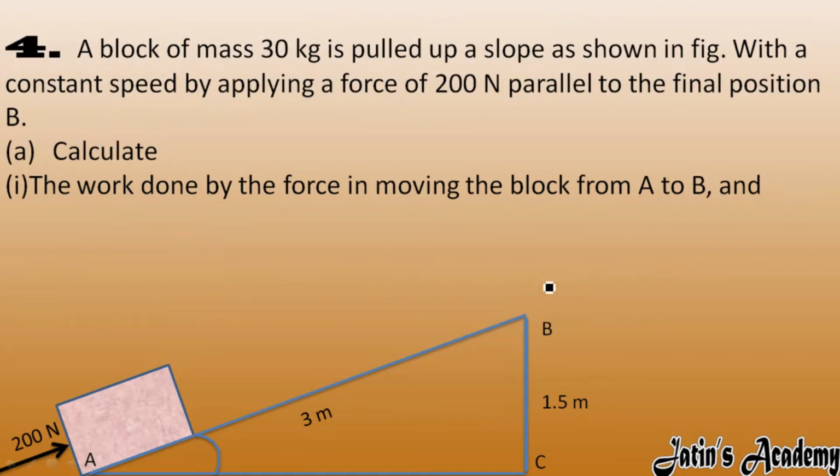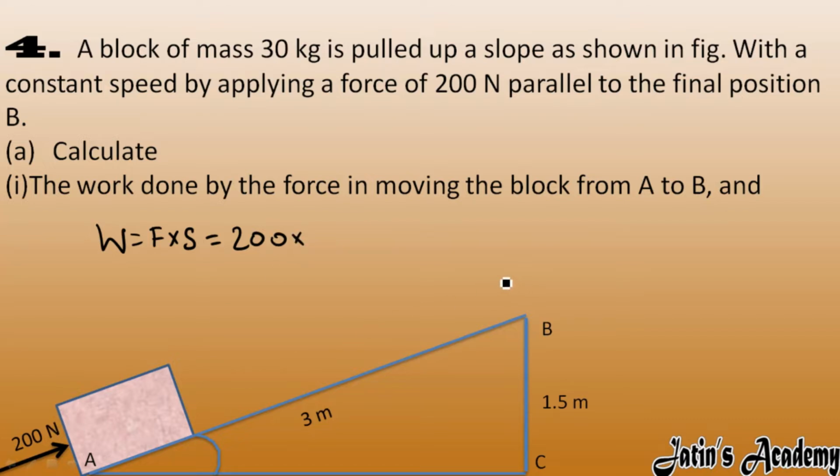So first, the block of 30 kg mass is given, moving with constant speed, and force is given as 200 Newton. We have to calculate the work done by force in moving the block from A to B. Work done is force into displacement. Force in this case is 200 Newton, and displacement in the direction of force.